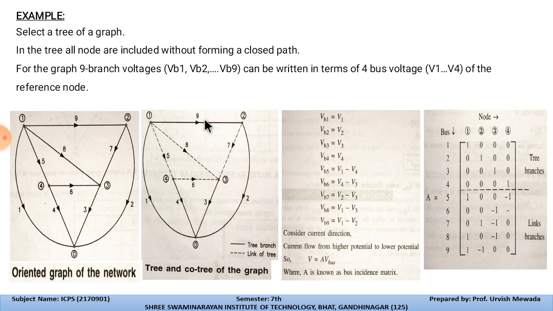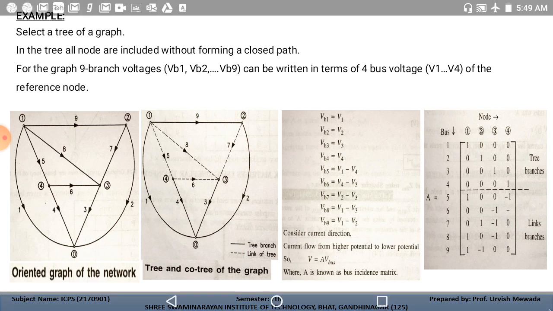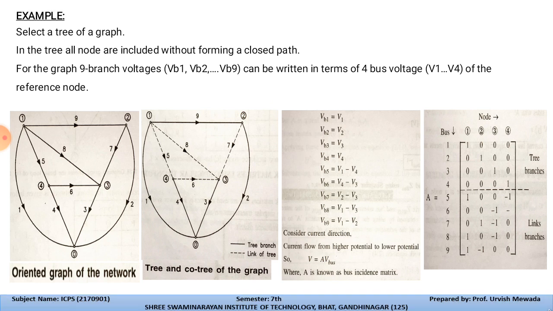Now in this we can select a tree or a graph. In the tree all the nodes are included without forming a closed path. So here whatever nodes we take for the tree, it is not forming a closed path. And for the graph, we have a total of 9 branches.